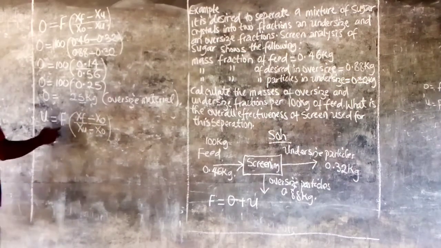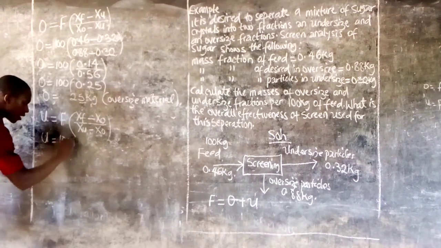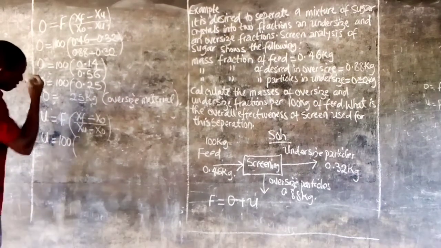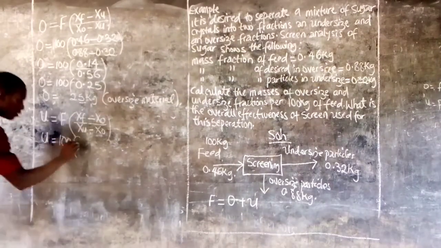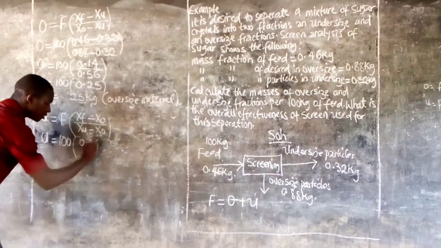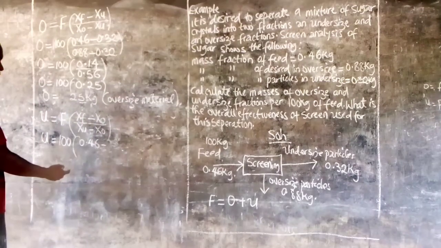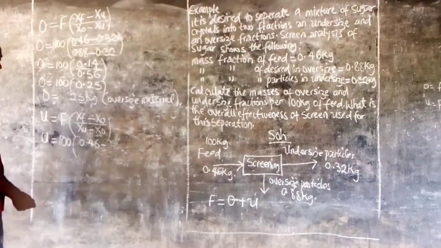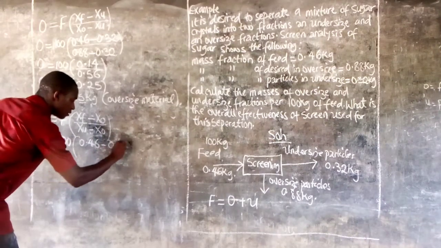And so we have the amount of feed to be 100 bracket. We have the mass fraction of the feed to be 0.46 minus the mass fraction of the oversized material, which we have as 0.88.